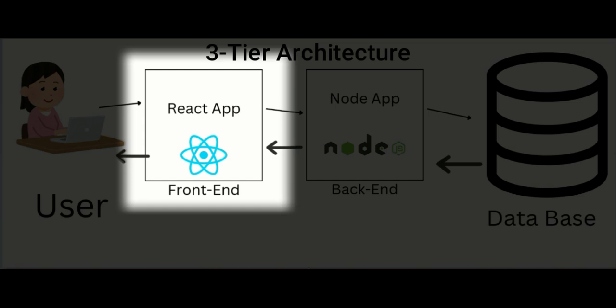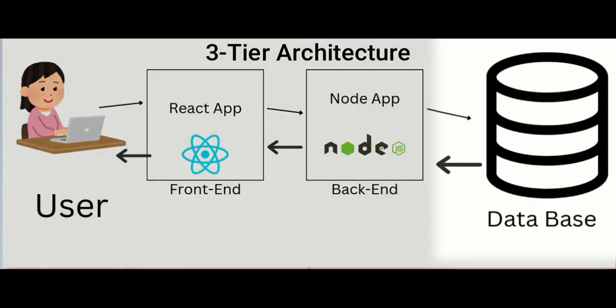Now let's say the user logs into the application and checks the orders, the products and everything. And let's say, for example, the user wants the product information. When the user clicks on that product information section, the information shows.